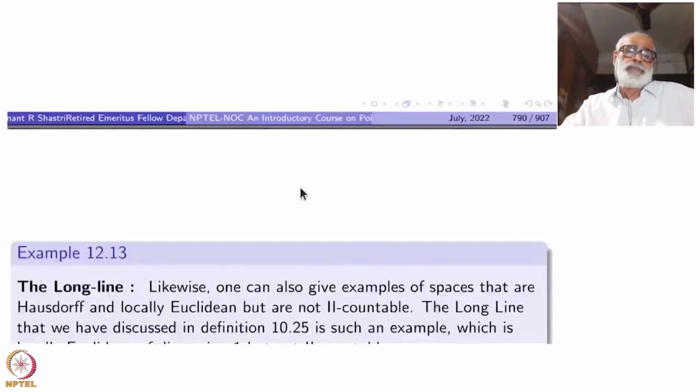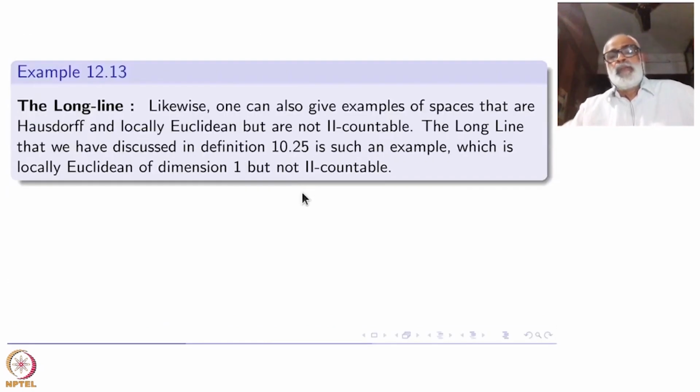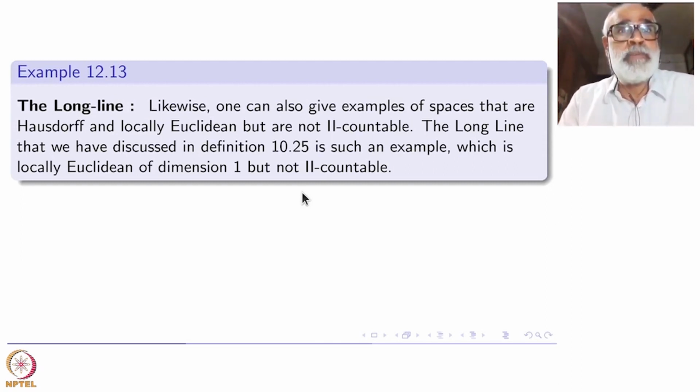Let us go ahead now. This is one we studied a couple of days back, the long line, using our well-ordered order topology and so on. We know that the long line is locally Euclidean. It is Hausdorff also. What is it not? It is not second countable.